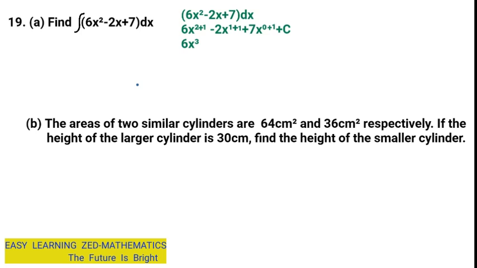So we have minus 2x squared, then plus 7x, which is x raised to the power 0 plus 1, so raised to the power 1, then plus c. Now we are going to divide these numbers by their powers.